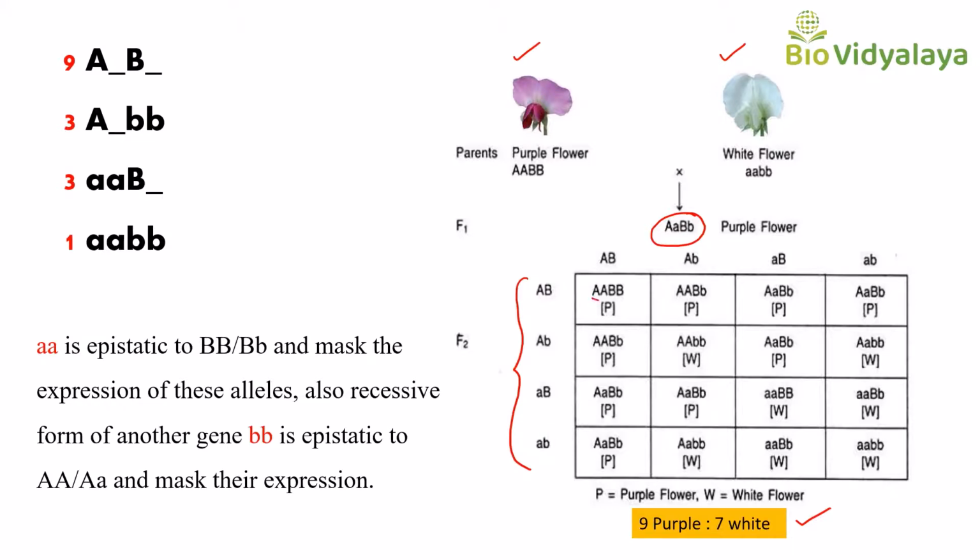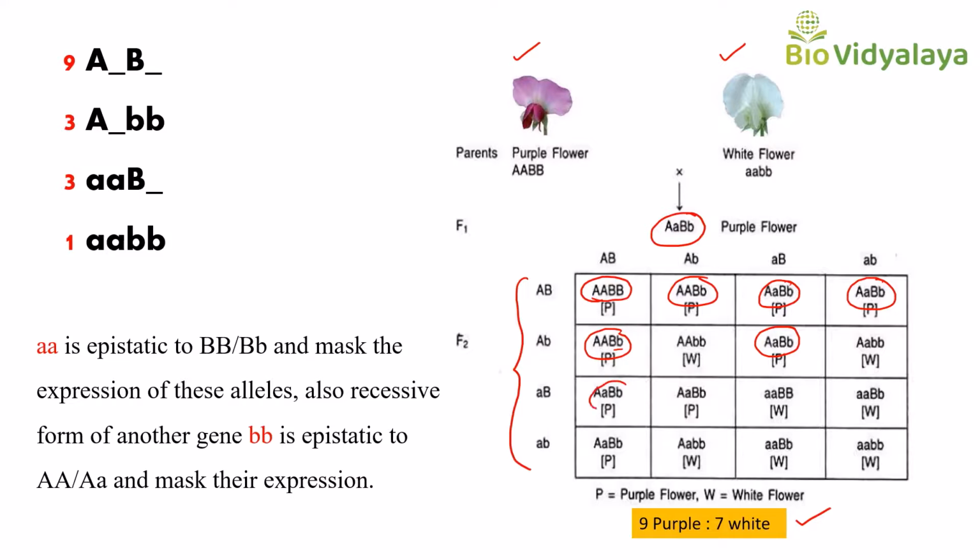Here you can see that here both the genes are in dominant form. Here also both the genes are in dominant form. Here both the genes are in dominant form. Here both the genes are in dominant form. Here both the genes are in dominant form. A is homozygous dominant and B is heterozygous. Here also both the genes are in dominant form.